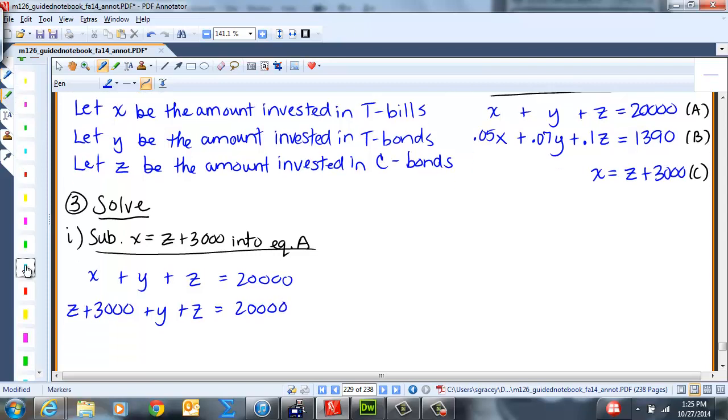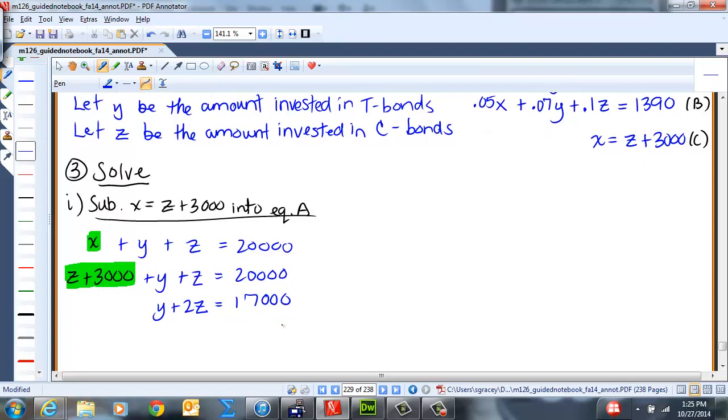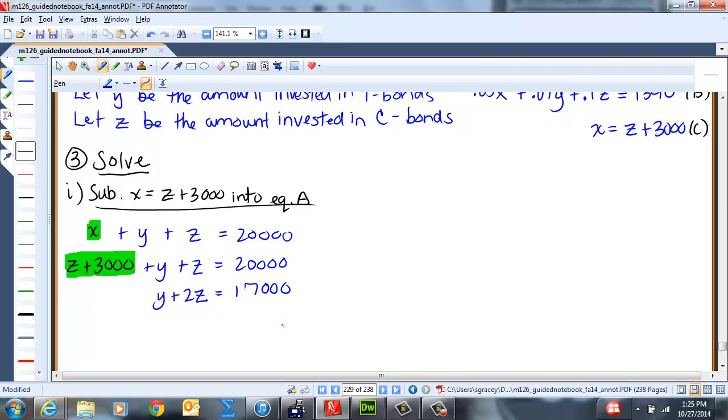So z plus 3,000 is what we plugged in for x. So now I'll have y plus 2z is equal to 17,000 when I subtract 3,000 from both sides and combine the two z's. And then isolating y, I will have y equals 17,000 minus 2z.